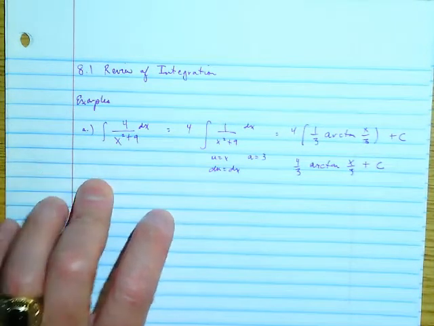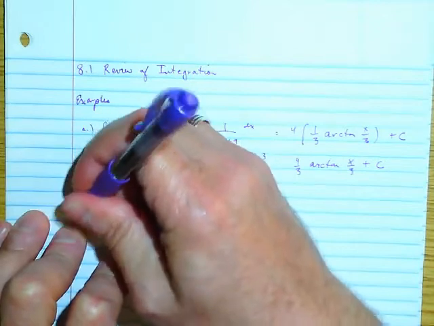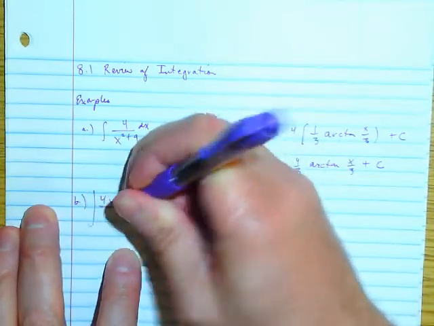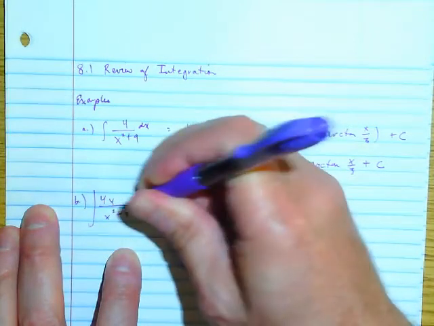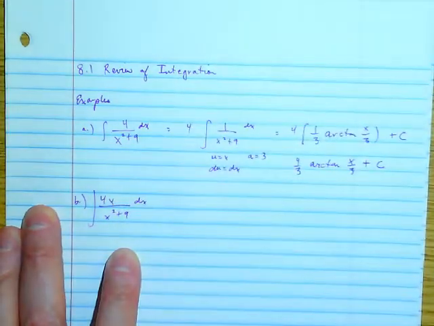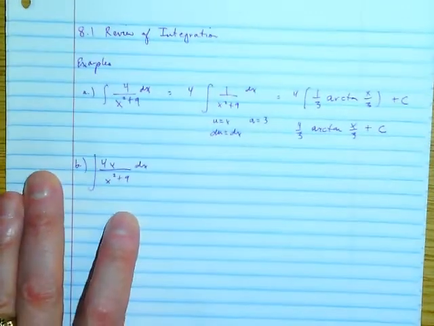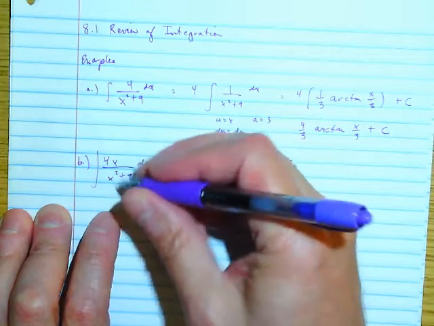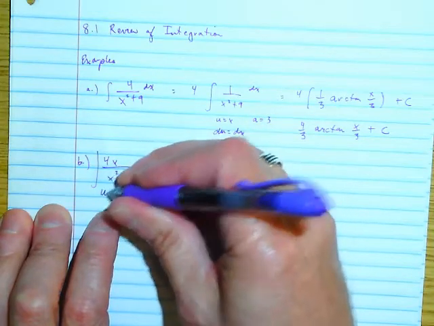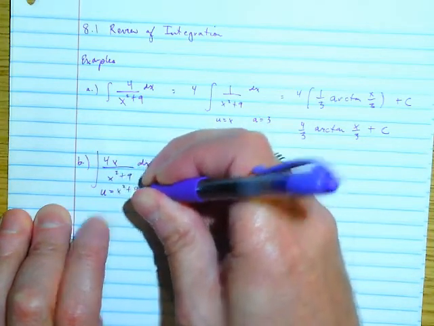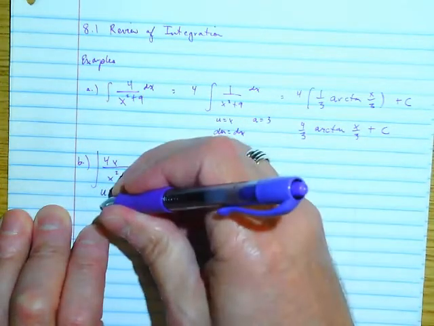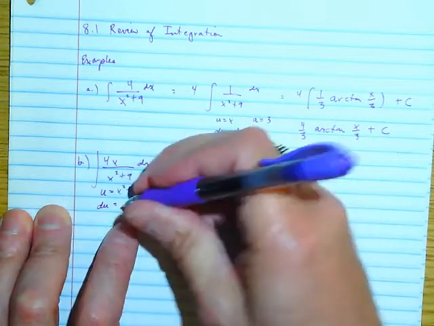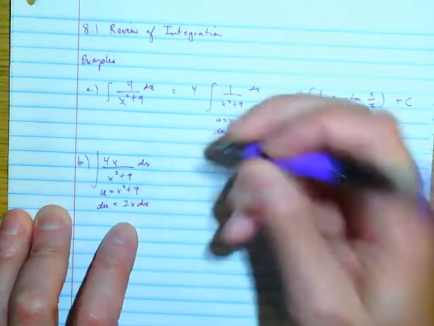Another similar one, but not exactly the same, so details matter: the integral of 4x over x squared plus 9 dx. This one makes us remember, oh yeah, if u is x squared plus 9, the whole denominator, du would be 2x dx.